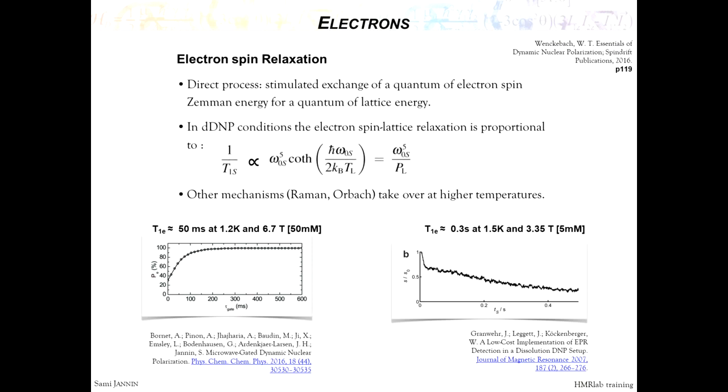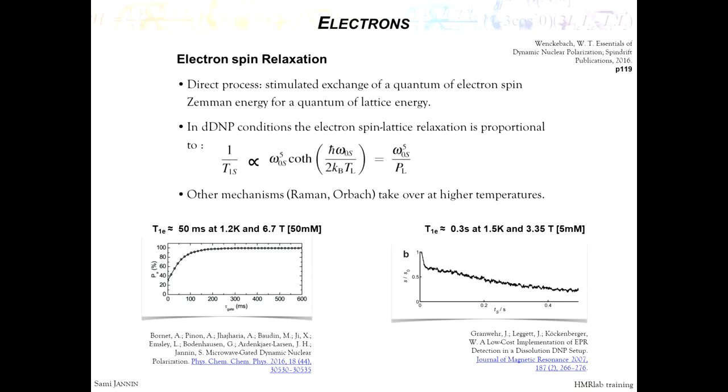So this formula says that if the polarization goes to 1, you still have relaxation. I don't know. Maybe this direct process breaks down if you go sufficiently low in temperature. I don't know.